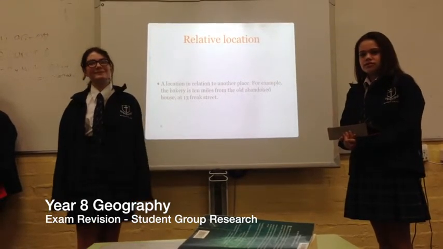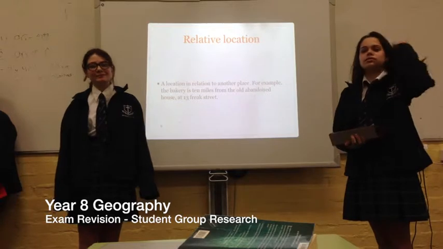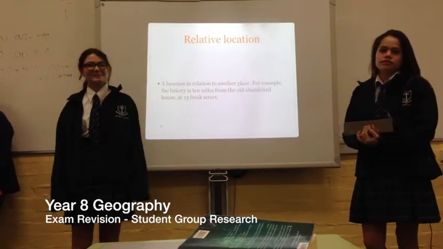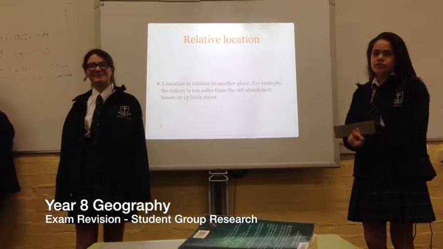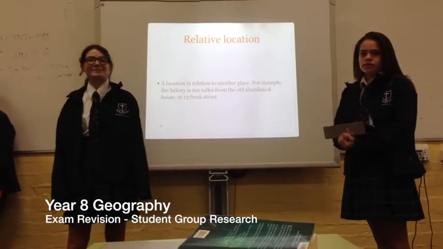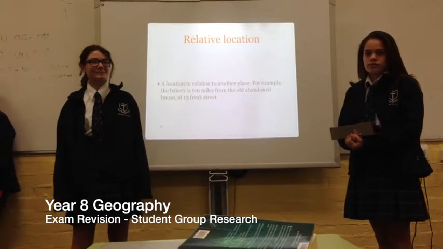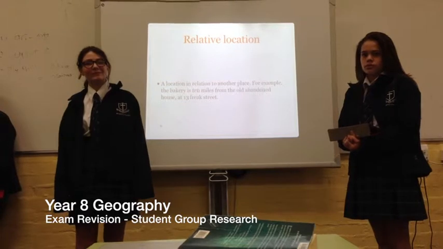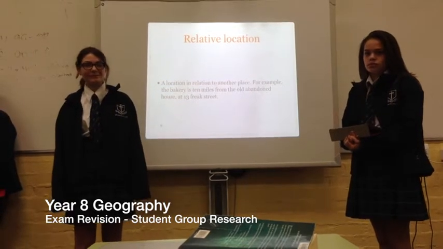I wouldn't advise you saying it's 5 miles from a tree, because there's a lot of trees around here. You want to give it relative location to another area that you may know. So I would say for Braemar, it is halfway up Mount Macedon Road, heading west from Woodend or something like that. Like locations that are known.